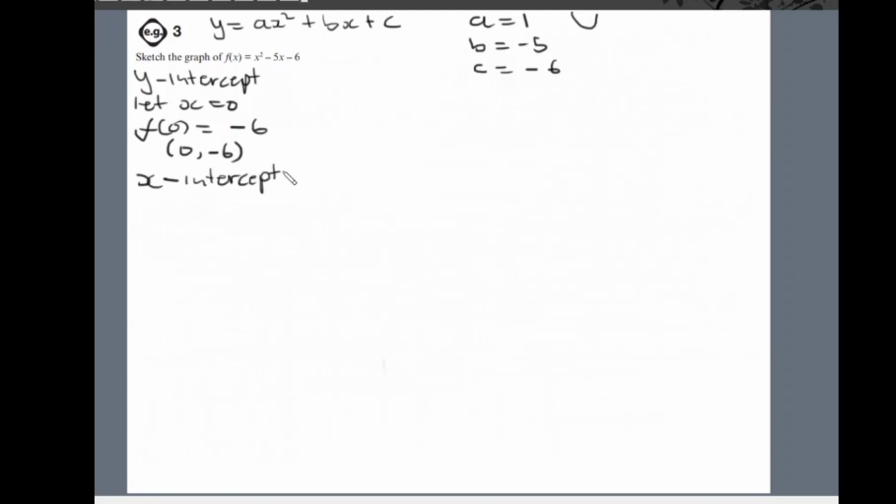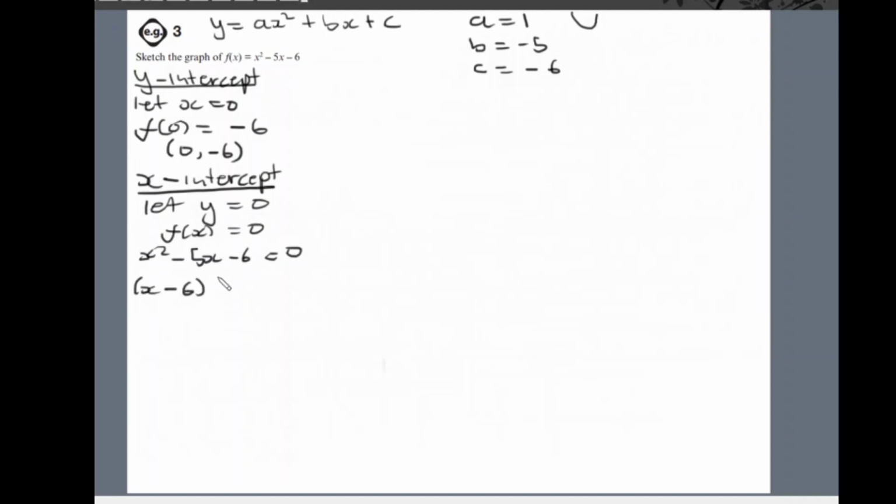For the x-intercept, we let y be 0 and then solve for x, right? When we let y be 0, we mean let f of x be 0. So x squared minus 5x minus 6 equals 0, and then we just solve for x from here.